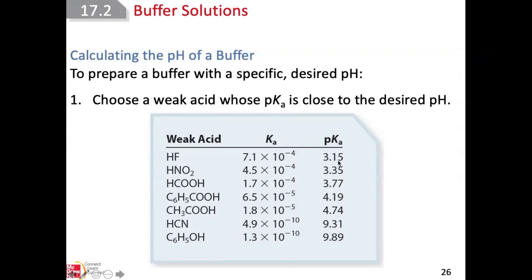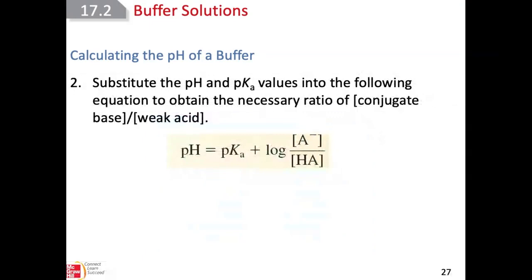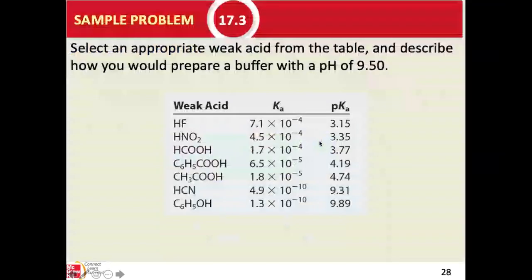And if you want to prepare a certain pH, then you have to look at those pKa, and your pH should be close to the pKa, and then you can use that weak acid and the salt of that weak acid. So substitute the pH and the pKa values into this equation, and then you will find the necessary ratio of conjugate base over the conjugate acid.